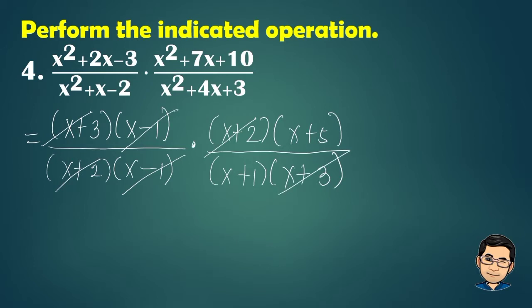So, as you can see, ang mga natira lang is yung x plus 5 sa numerator and then x plus 1 sa denominator. So, our final answer will be x plus 5 all over x plus 1. Diba? Malaking tulong yung pagka-cancel and then, of course, yung pagpa-factor ng polynomials.